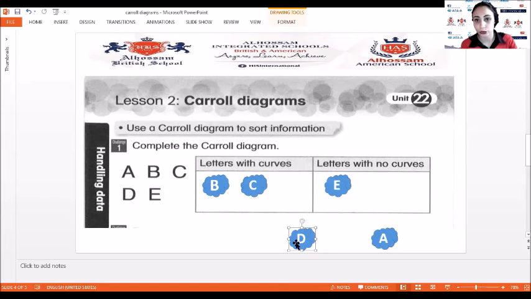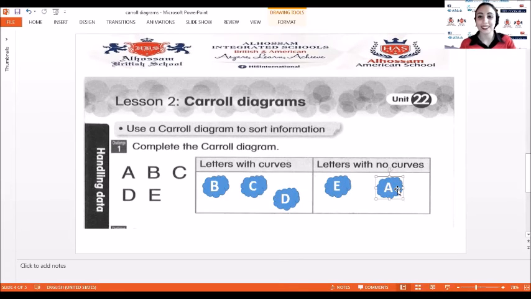It's a curve. Perfect. So we will put it under letters with curves. Letter A, there are no curves in it. It has only straight lines. I will put it under letters with no curves. You got it. It was easy.